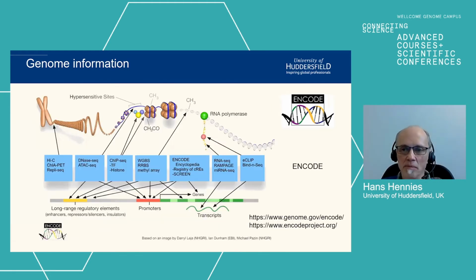So just to briefly summarize the activities of the ENCODE consortium. These are elements that they are searching for and that they have already identified, like these long-range regulatory elements, the cis regulators, which are important for expression of genes, of course, the core promoter elements, and finally, regulatory structures within the genes.